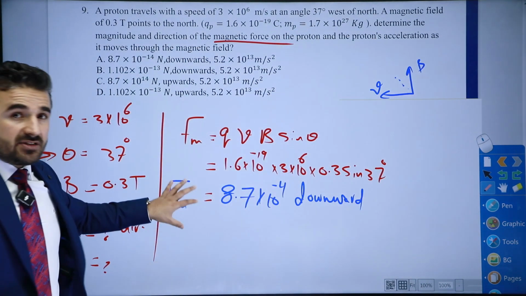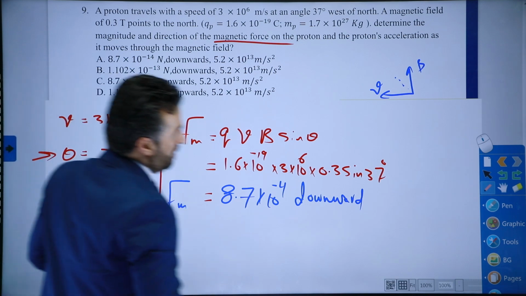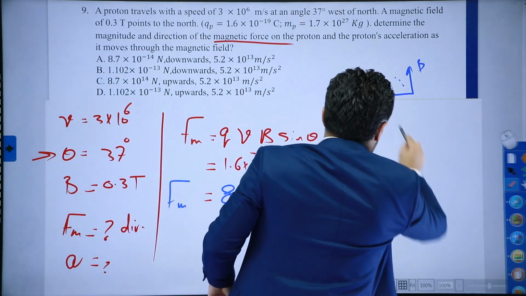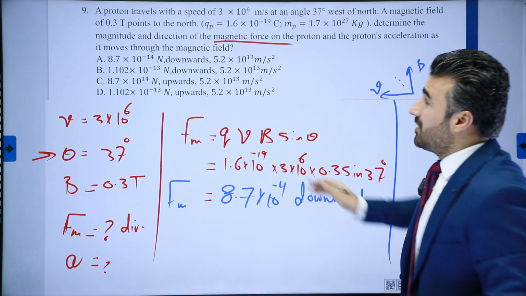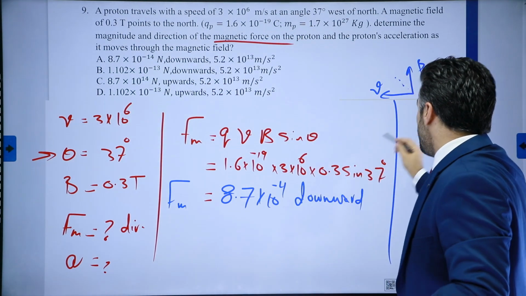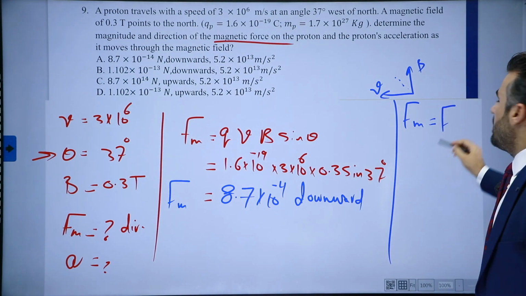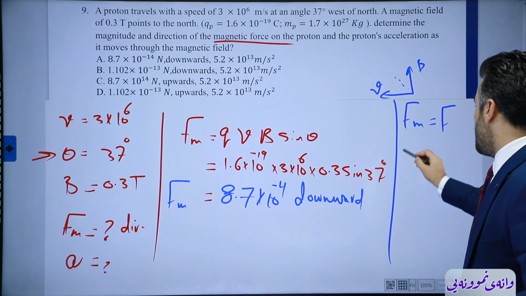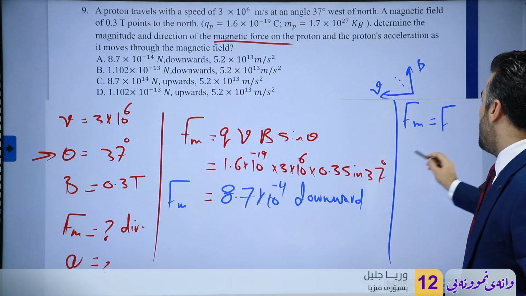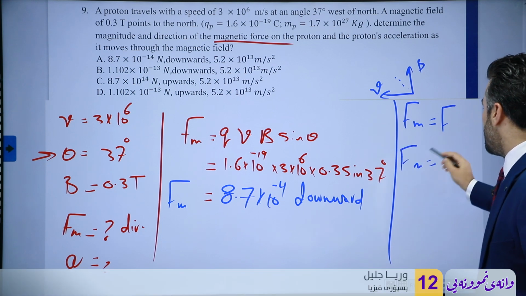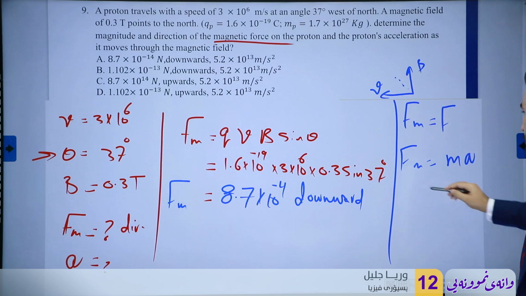Now we're going to use this force to find the acceleration. How do we do that? Whenever it says find the acceleration, the magnetic force is equivalent to the force in translational motion. So we can say this magnetic force equals mass times acceleration.